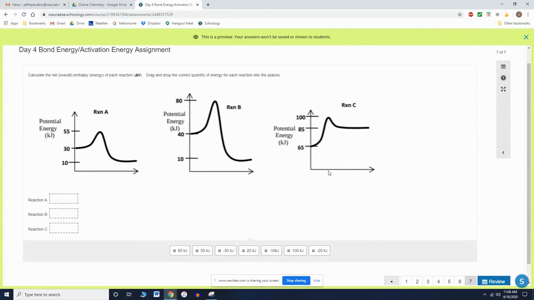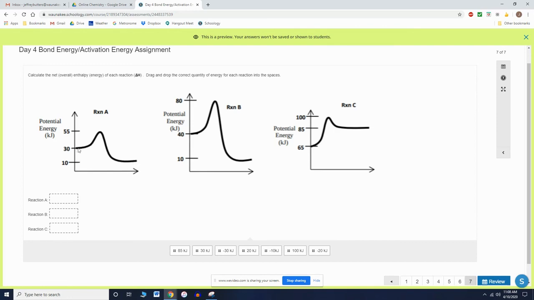This is similar to the last question where we have to specify what the overall change in energy is for 3 different reactions. Reaction A is exothermic. There is a loss of energy when going from 30 kilojoules to 10 kilojoules.